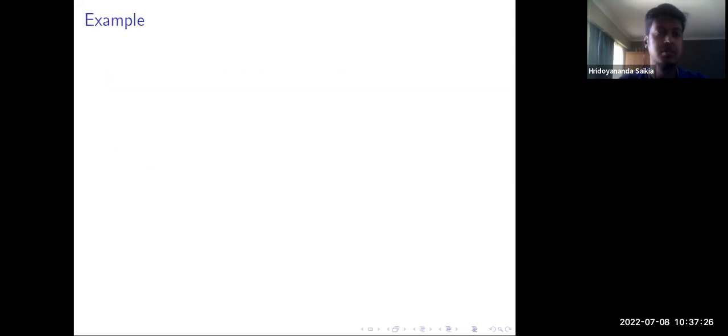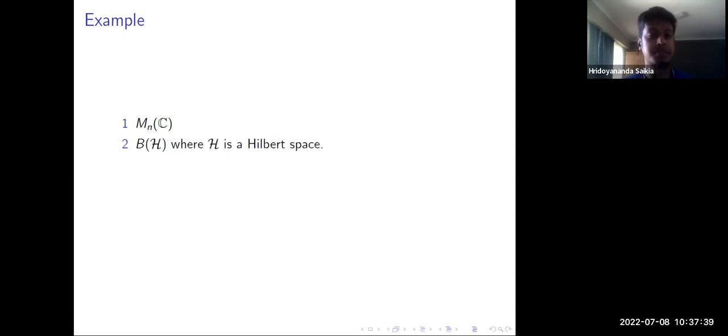Let me briefly describe some very familiar examples. Firstly, of course, the set of all n cross n square matrices whose entries are complex numbers. Then the set of all bounded operators on a Hilbert space H. These are very standard C-star algebras.